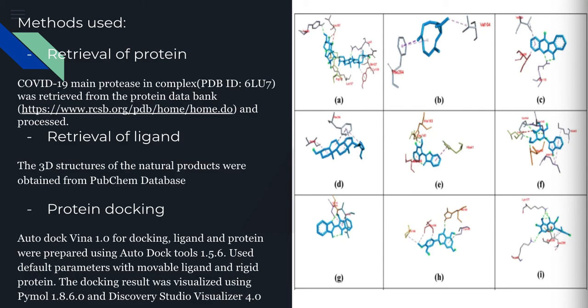The researchers then retrieved the 3D structures for the candidate drugs from the PubChem database. And they used a protein docking algorithm called AutoDock Vina for their docking analysis, followed by visualizing and analyzing the results using PyMOL and Discovery Studio Visualizer.